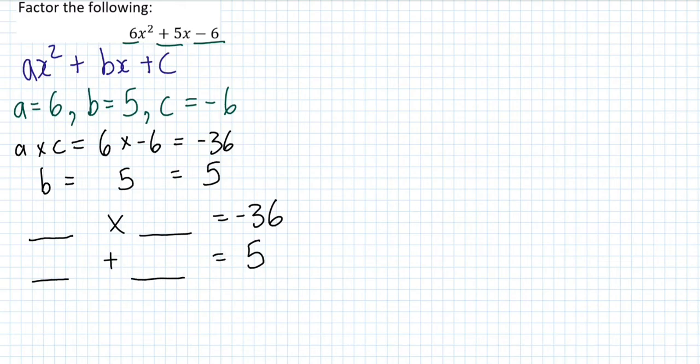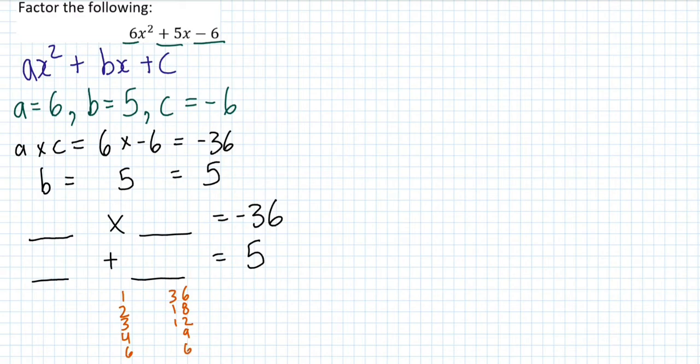Okay, so how are we going to do that? Well, let's find the factors of 36. So we have 1 and 36. We have 2 and 18. We have 3 and 12. We have 4 and 9. And we have 6 and 6.